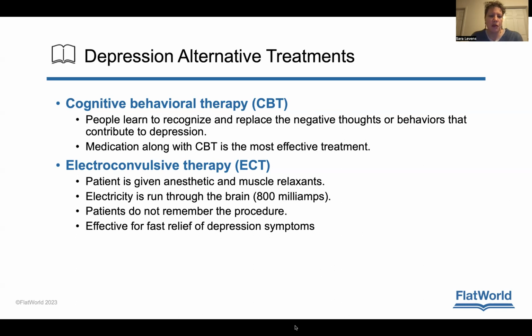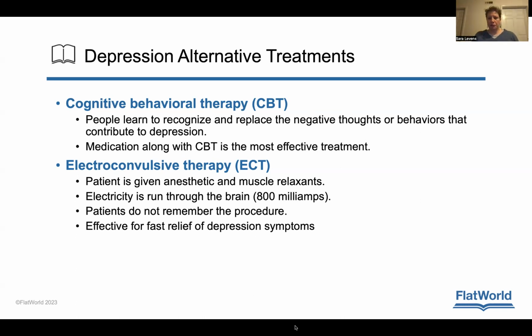One of them is known as cognitive behavioral therapy. This is very common, and this is where people learn to recognize and replace the negative thoughts or behaviors that contribute to depression. As I said, medication and CBT are some of the most effective treatment combinations. They're always going to be trying to go for both of those.